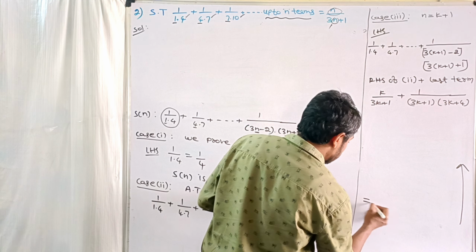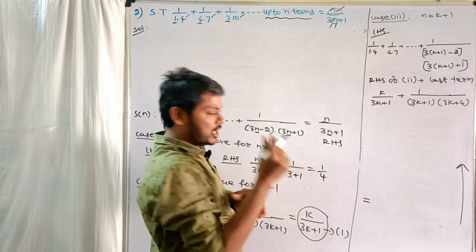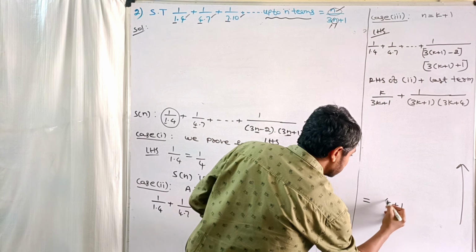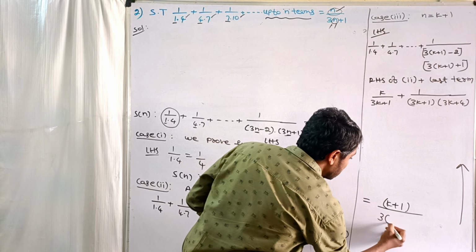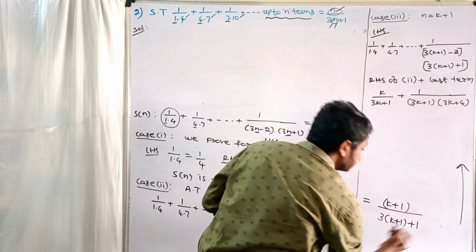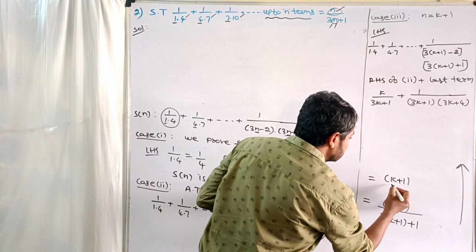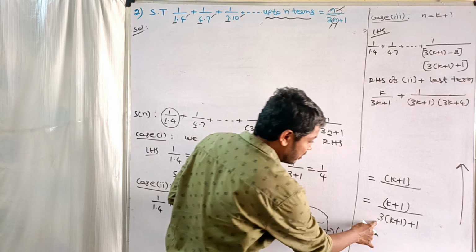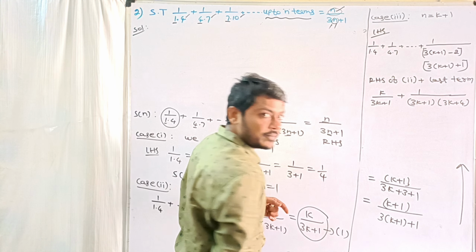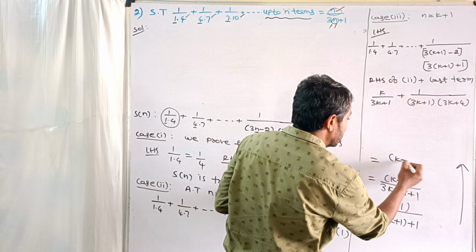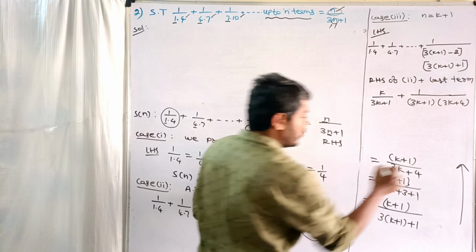Clearly, what is the answer? In place of n, you should write k plus 1. k plus 1 divided by 3 into (k plus 1) plus 1. We can simplify from the back side, that is k plus 1 divided by, multiplying with 3, 3k, 3 into 1, 3 plus 1, which is k plus 1 by 3k plus 4.